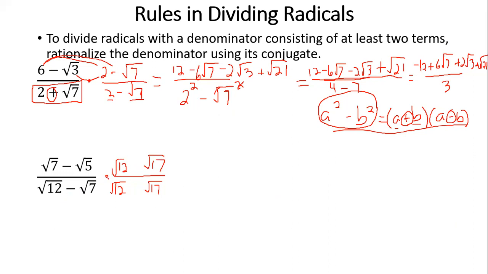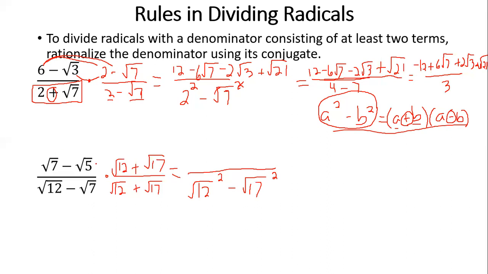Minus po yan. So, papartneran po natin yan ng plus. Ayan. So, magiging 12 is, square root of 12 is squared minus square root of 17 squared.